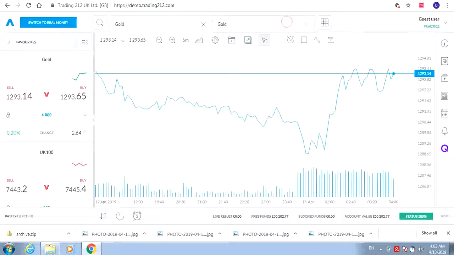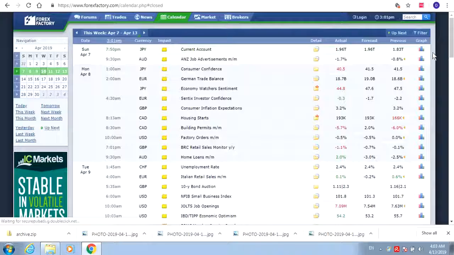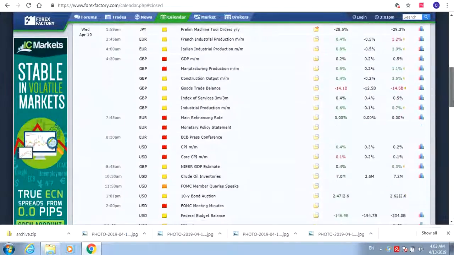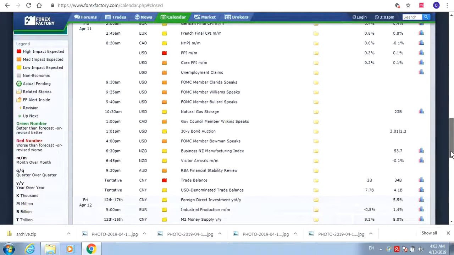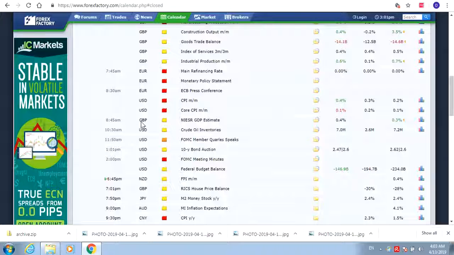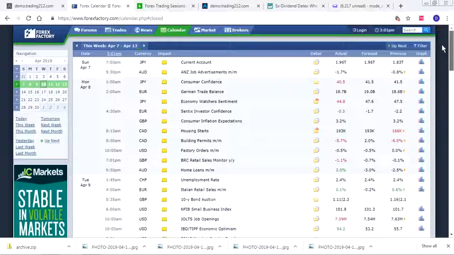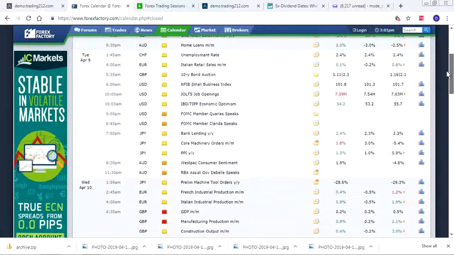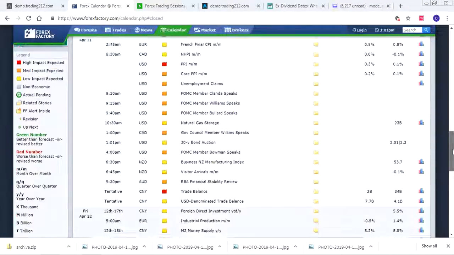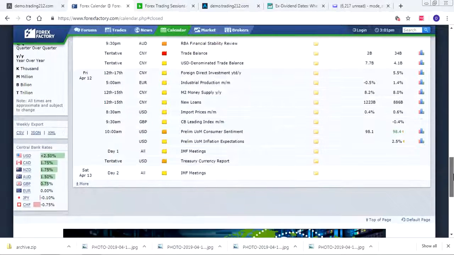And the other thing that you can do is to check the Forex calendar, which is a daily Forex calendar. Here, for example, if you're going to buy or sell currencies such as the Great British Pound, then you have to check any news related to the UK, or to the USA if you are thinking to place your orders or to trade with the US dollar.